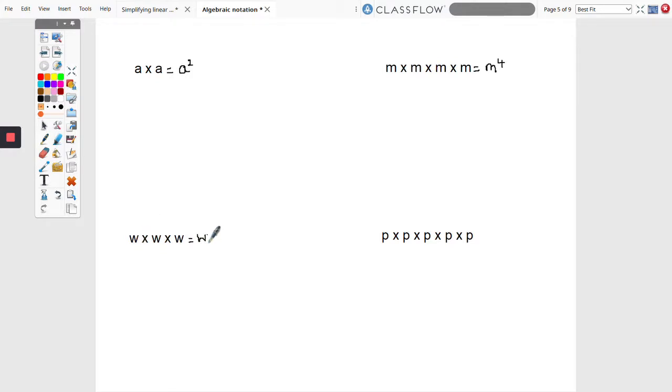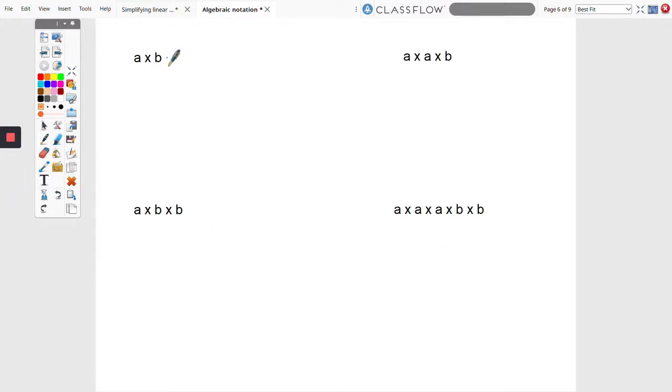So that will give me w cubed. And then finally, I've got p times p times p times p times p. So I have 1, 2, 3, 4, 5. And because I'm multiplying, I'm going to have p to the power of 5.